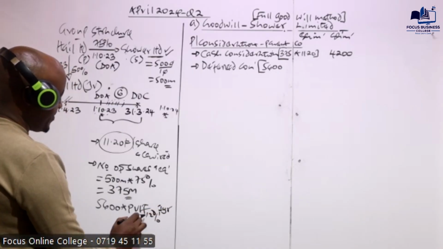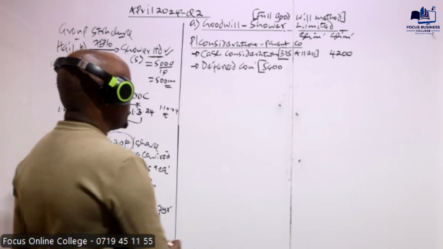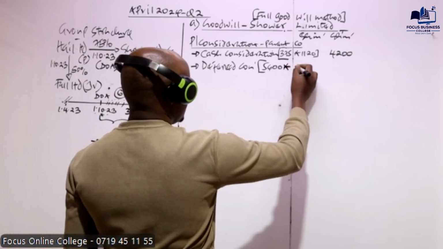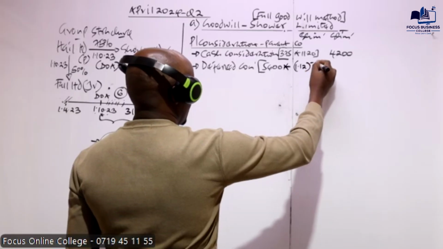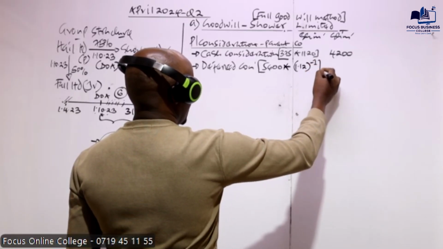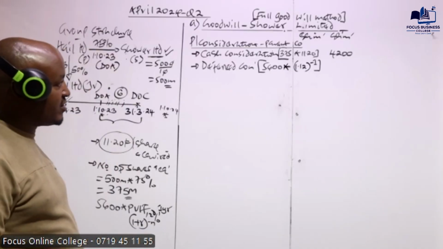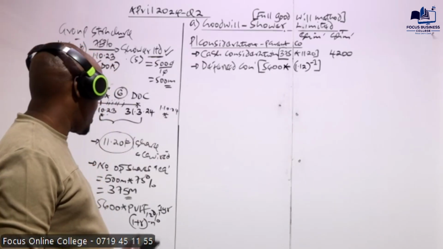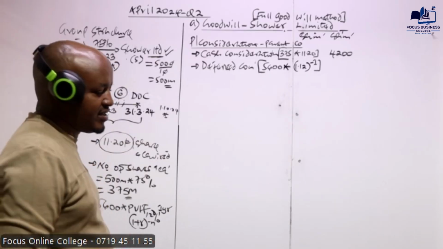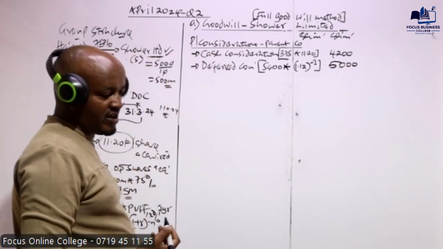The formula which we use here is 1 plus R raised to power negative N. So we multiply this with 1.12 raised to power negative 1. That gives the present value of the deferred consideration. First you work out the present value interest factor, and this will give us 5,000.